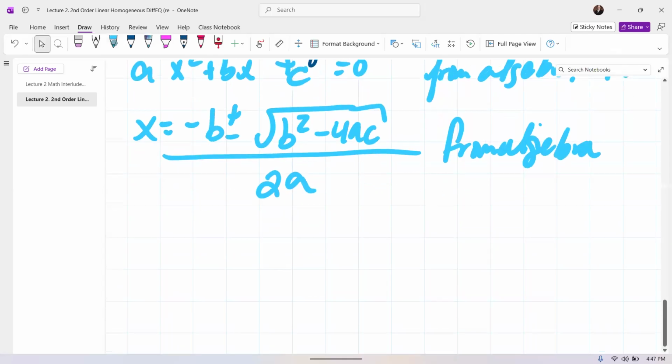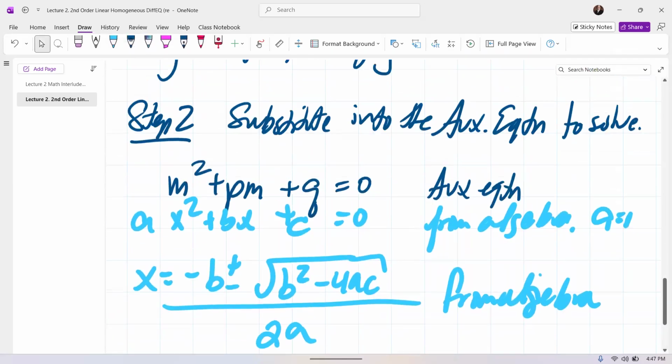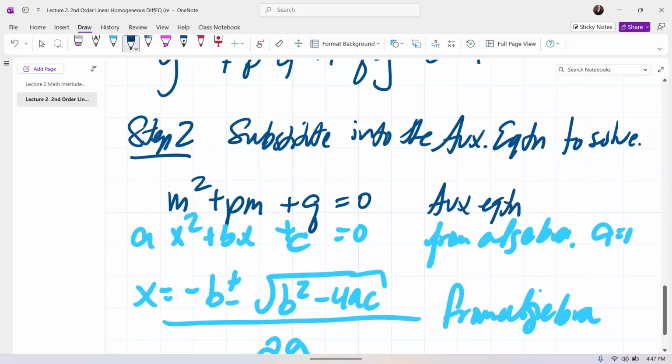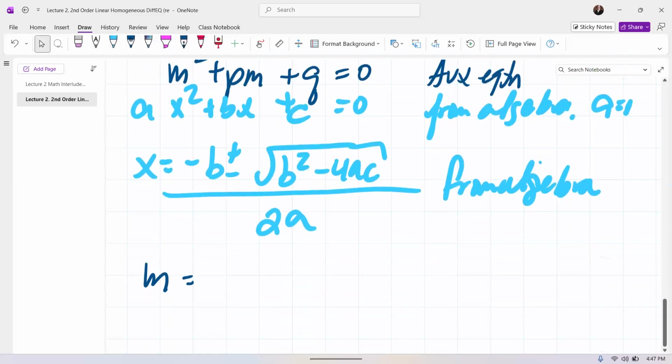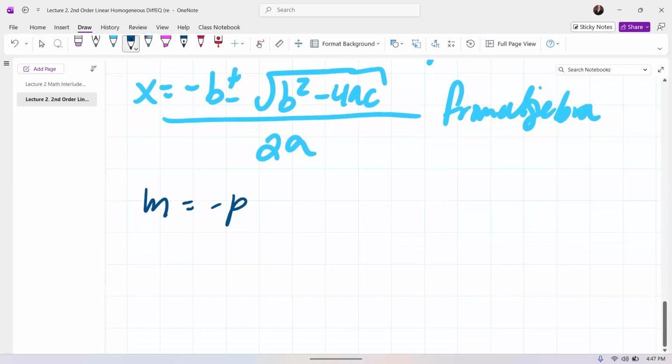But our matching one is going to be m. We're looking for a variable called m equals, and then look to see how it matches up. So instead of negative b, it's going to be negative p, negative p plus or minus the square root of b squared minus 4.